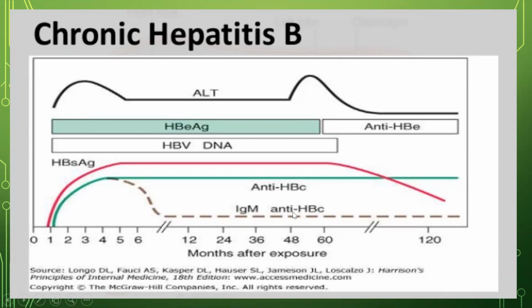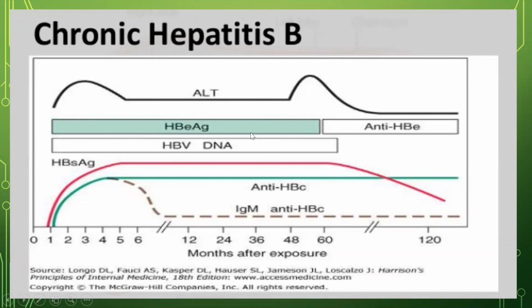Alanine transferase, ALT, levels will be high in the acute state, and with time, if there is no reactivation, like the peak present here, they usually remain elevated, but at a lower level.